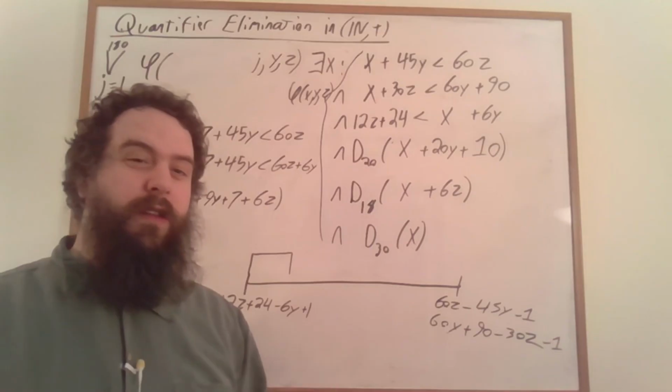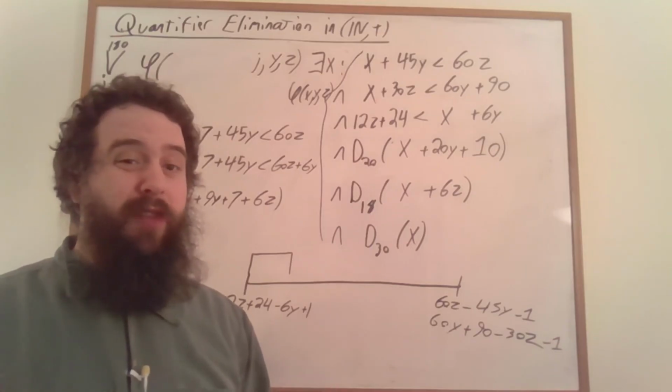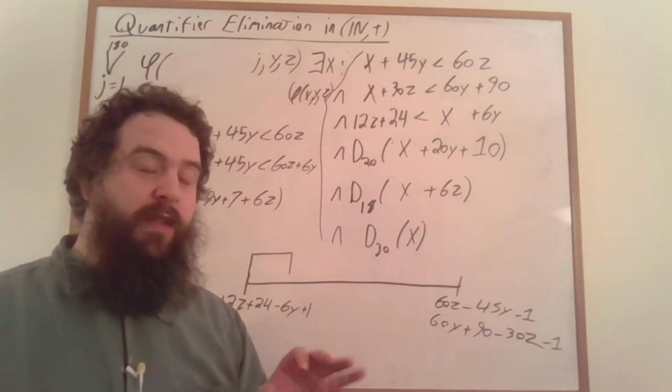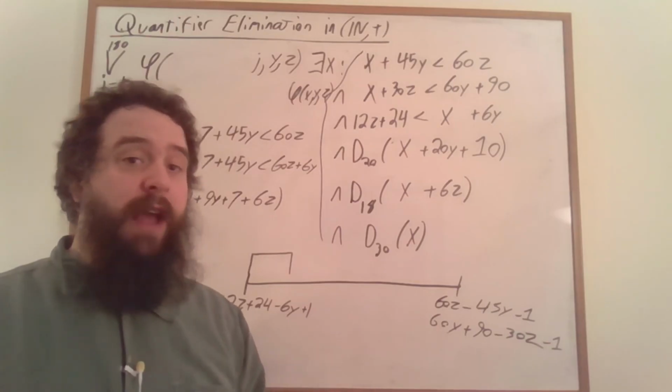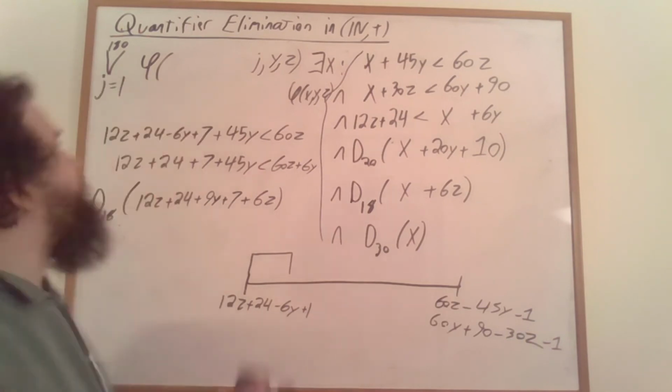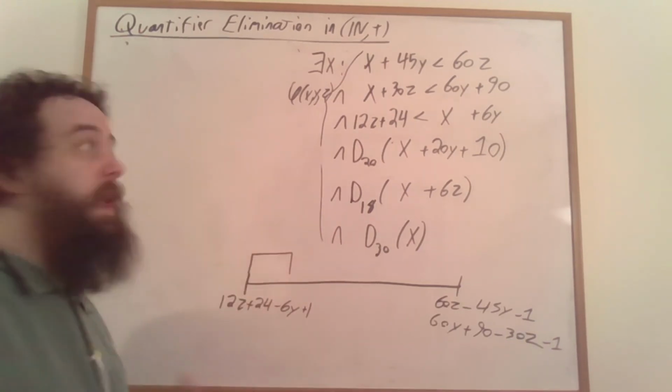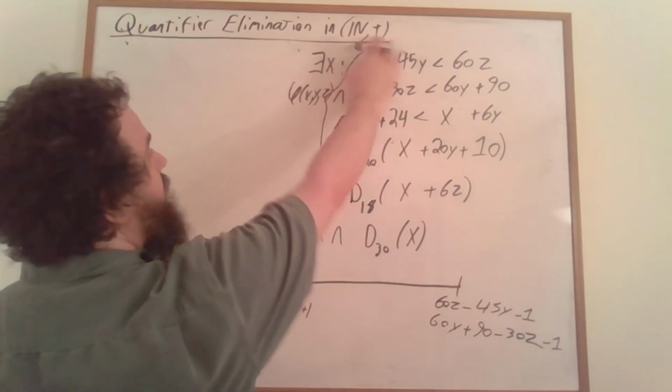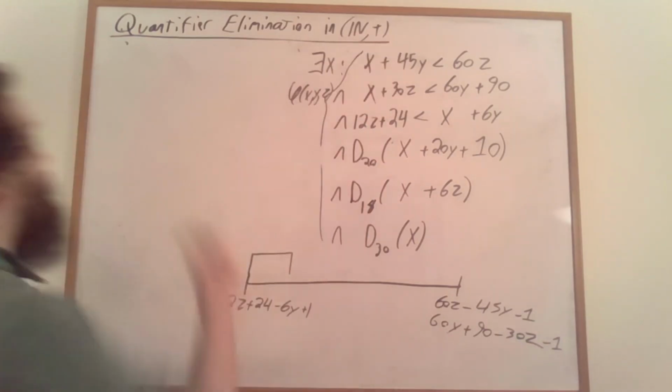Quantifier elimination also gives us another advantage. If we're willing to look at our quantifier elimination procedure very carefully, we can actually extract from it an axiomatization of our structure. Suppose that we have a true first-order logical sentence within this structure.